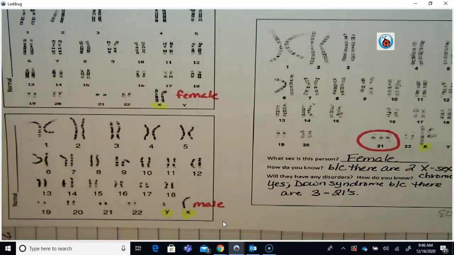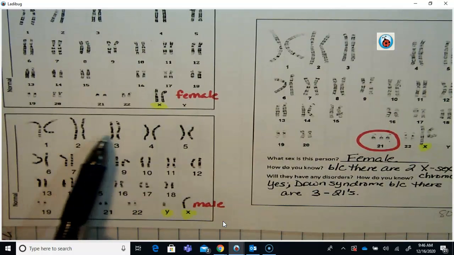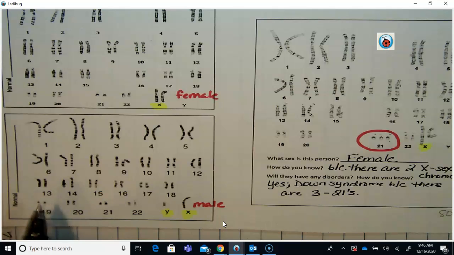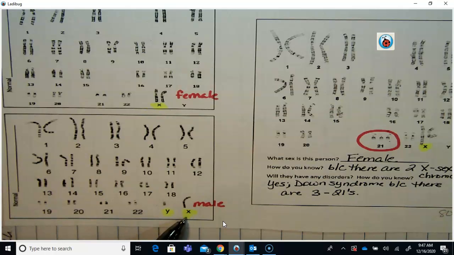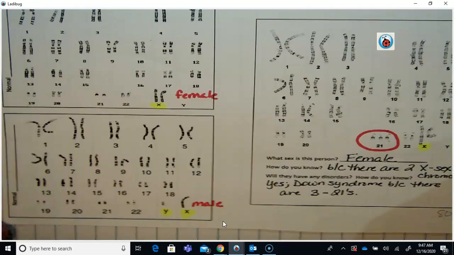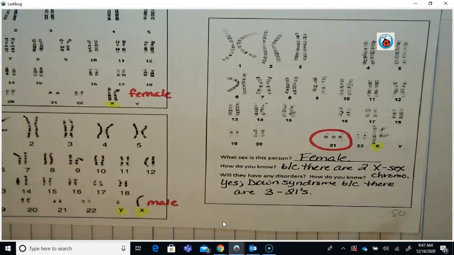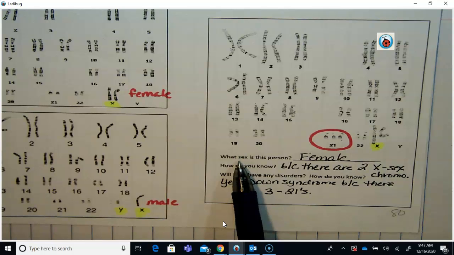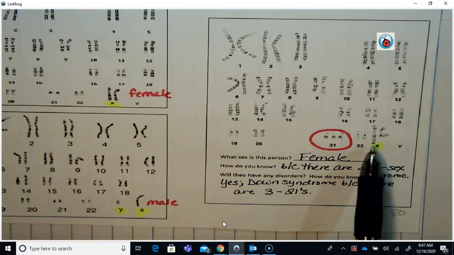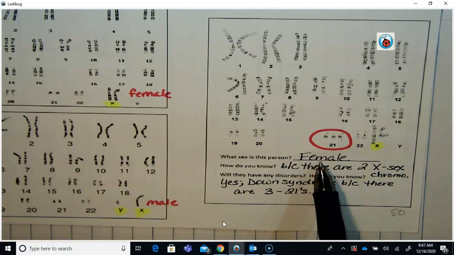On this karyotype, again, there's 2 homologous chromosomes in all the pairs when I scan through them. But when I look at the sex chromosomes, there's a much smaller Y and an X sex chromosome. This would be a biological male. When I look over here at this karyotype, to determine the sex of the individual, I can see that there's 2 X sex chromosomes, so it's a biological female.